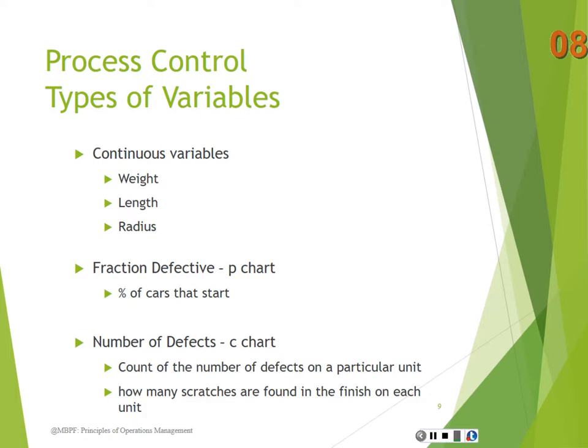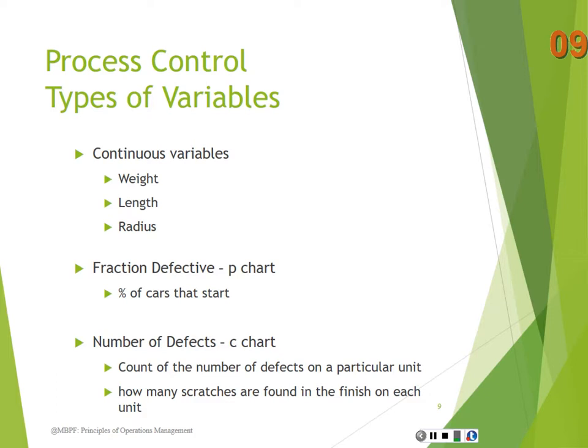If we're doing something that you would consider to be dichotomous, like a car, does it start or does it not? There's nothing in between there. It's either yes it does or no it doesn't. We use what we call proportion defective or fraction defective, and we use a p-chart for that, okay?